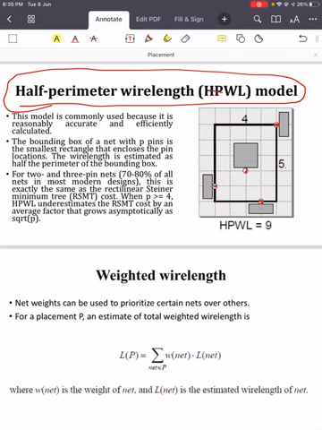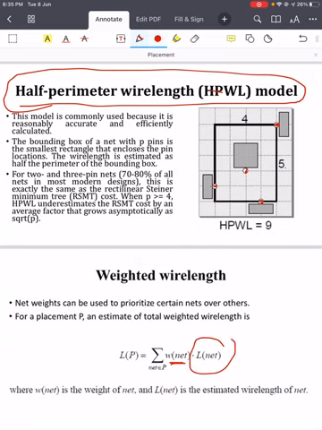For placement P, an estimate of total wire length would be L(P) equal to the summation over nets of W(net) times L(net), where W(net) is the weight of a net and L(net) is the estimated wire length of the net. If there is some critical net and you want to give it more priority over others, you can define a weight for every net.